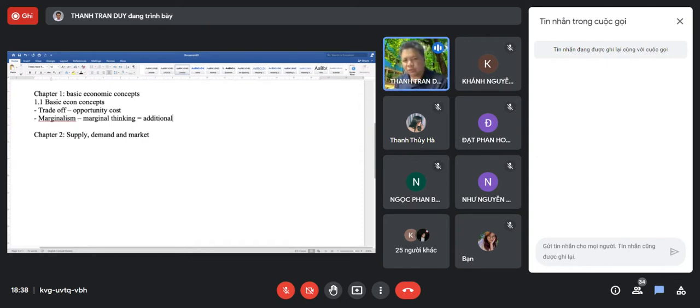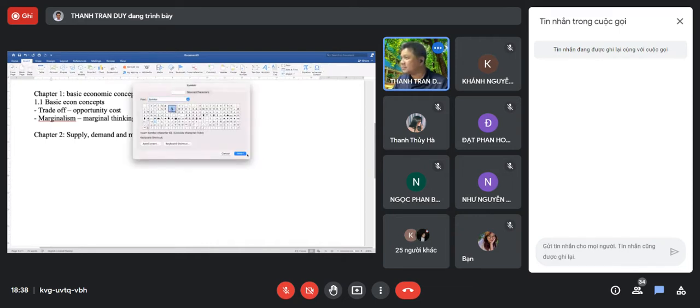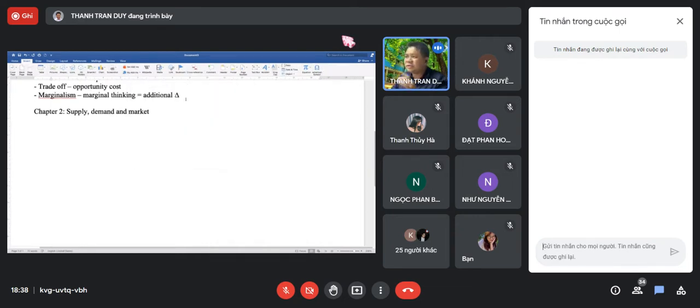And the word additional or marginal is represented by delta, right? So when you use delta, it means that you have to forget the past. Because when you take delta, we take the latter one minus the previous one, and what is in between we remove.